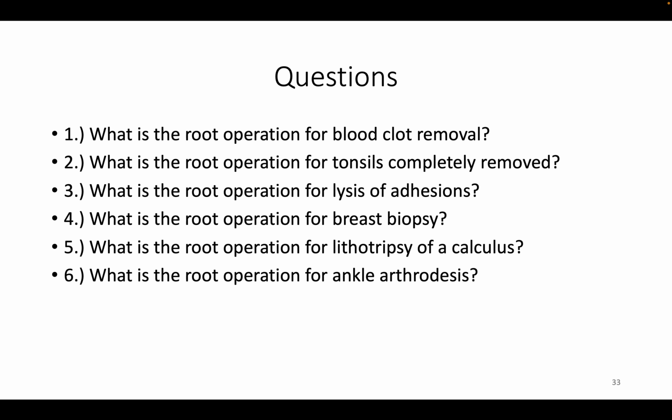Two, what is the root operation of tonsils completely removed? 3, what is the root operation of lysis of adhesions? 4, what is the root operation of breast biopsy? 5, what is the root operation of lithotripsy of a calculus? And 6, what is the operation of an ankle arthrodesis?